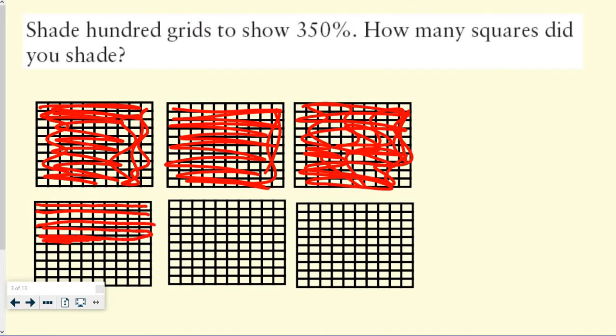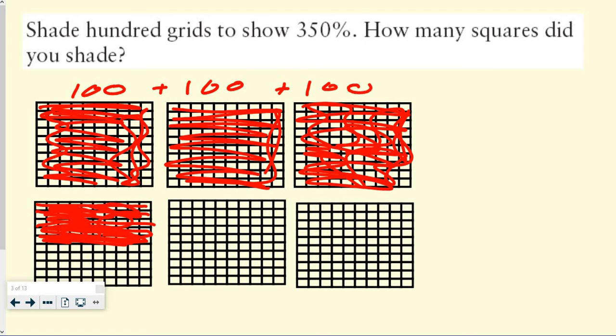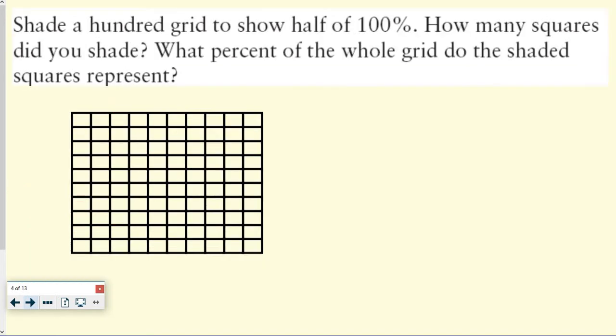So we'd fill in that there. And that there is 350%. Because we know that 100 plus 100 plus 100 plus 50 equals 350, which is 350%. So that's how we use 100 grids to show 350%.